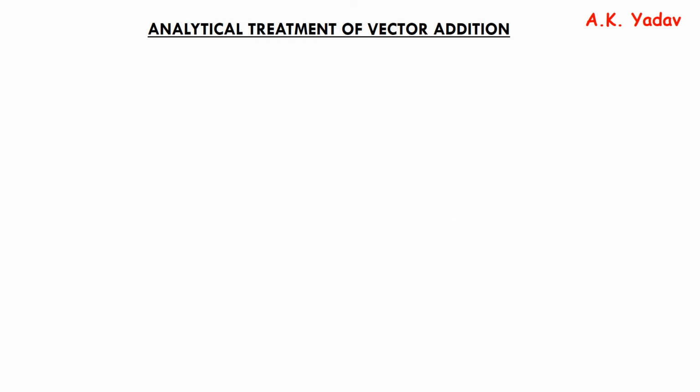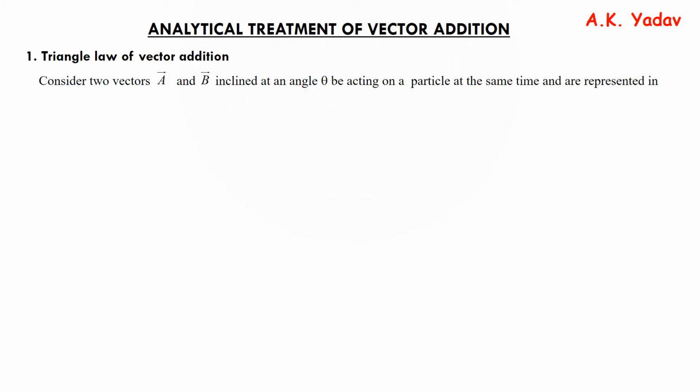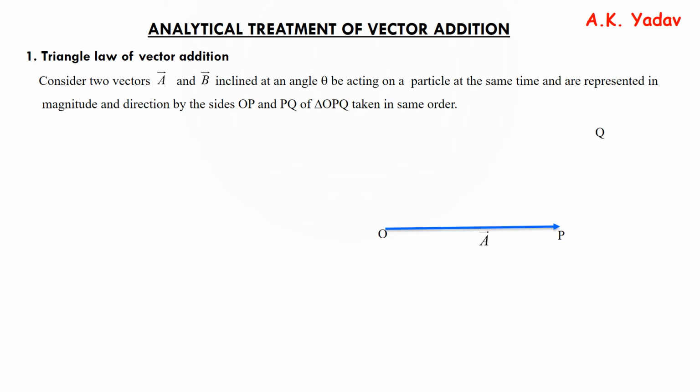Now let us do the analytical treatment of vector addition. First we will do it for the triangle law. Consider two vectors A and B inclined at an angle theta, acting on a particle at the same time, and are represented in magnitude and direction by the sides OP and PQ of triangle OPQ taken in the same order. So this is the representation of vectors A and B by the two sides of a triangle.